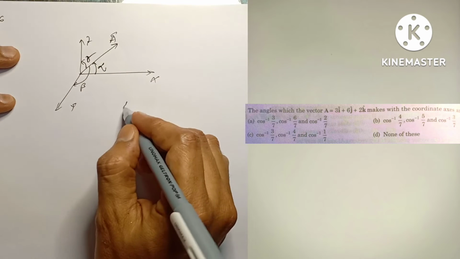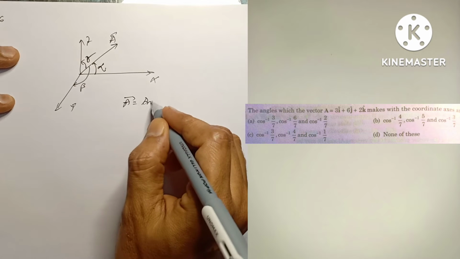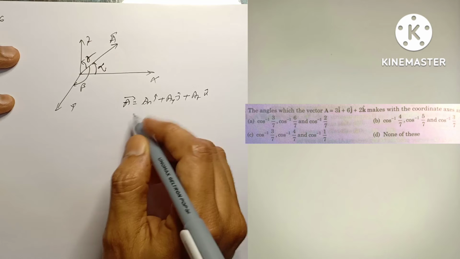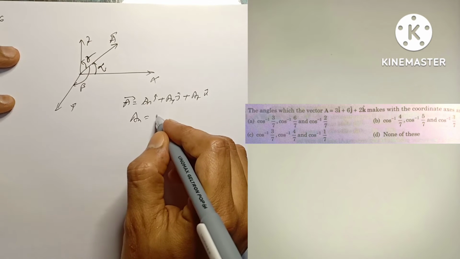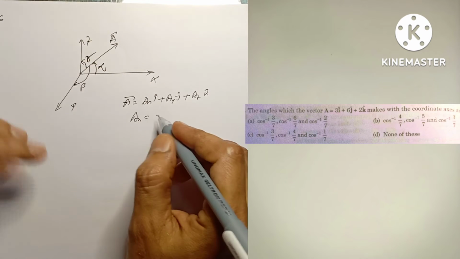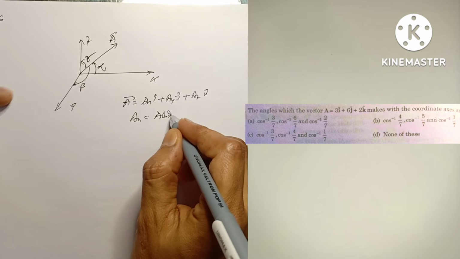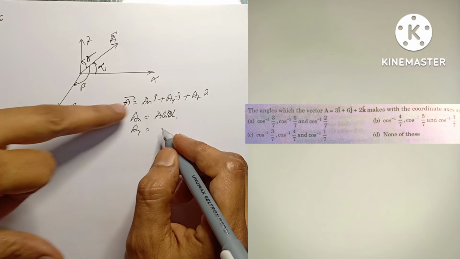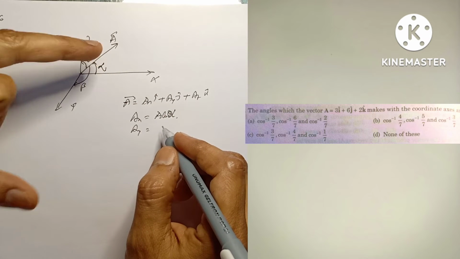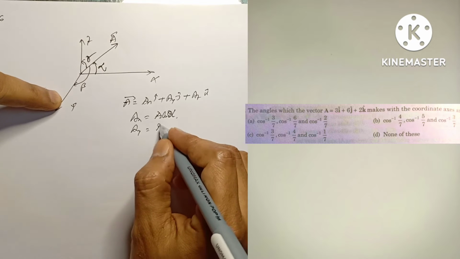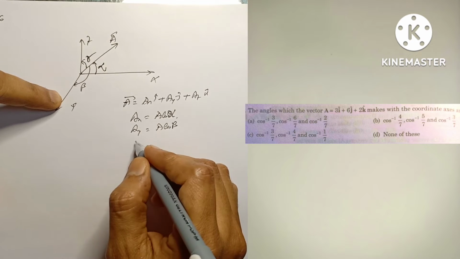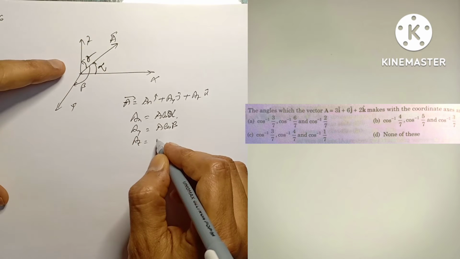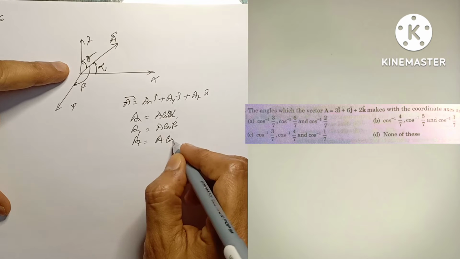So we know a vector equal to x i cap plus y j cap plus z k cap, where the component of a along the x-axis is written as a cos alpha, the component of a along the y-axis can be written as a cos beta, and the component of a along the z-axis can be written as a cos gamma.